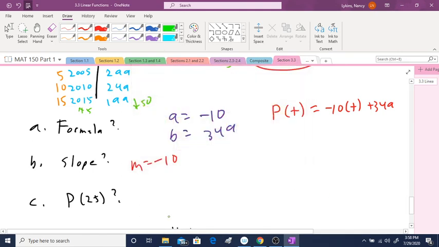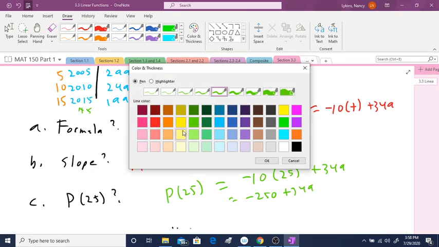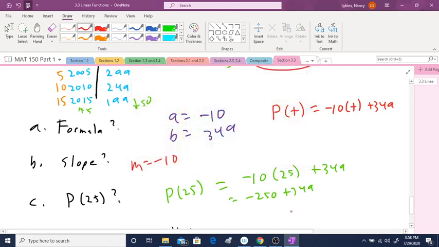Okay, that means I'm going to say P of 25 equals, now you do not have to solve for that 25. That just means that 25 you put in for T. That gives me -250 plus 349. So this should give us a total of $99.